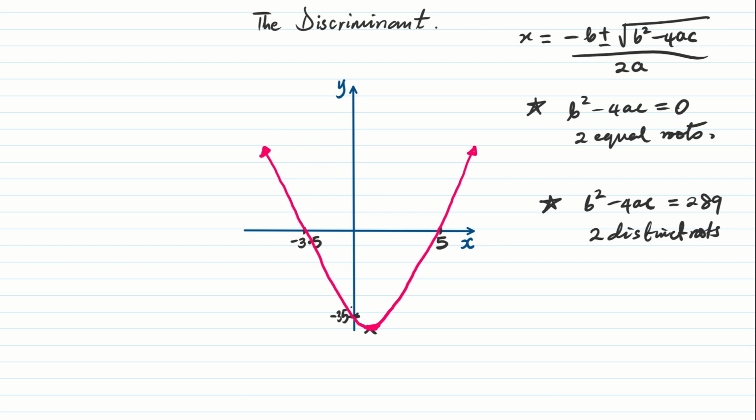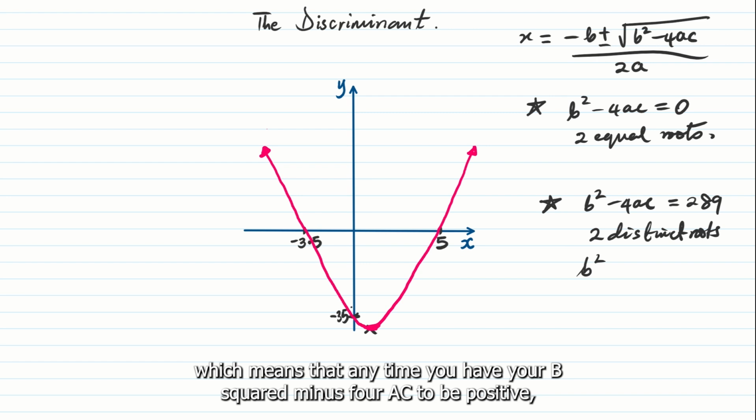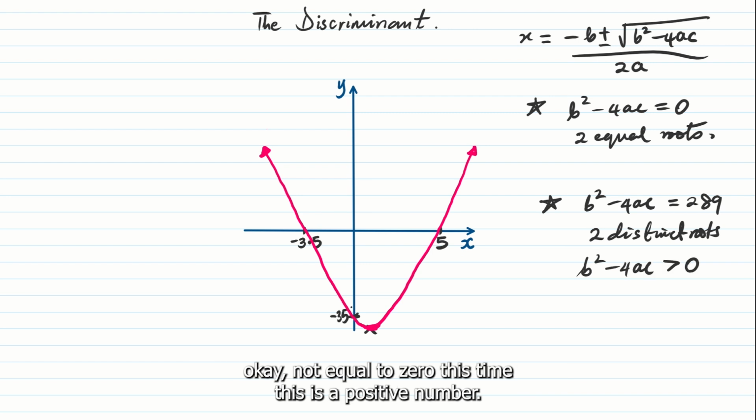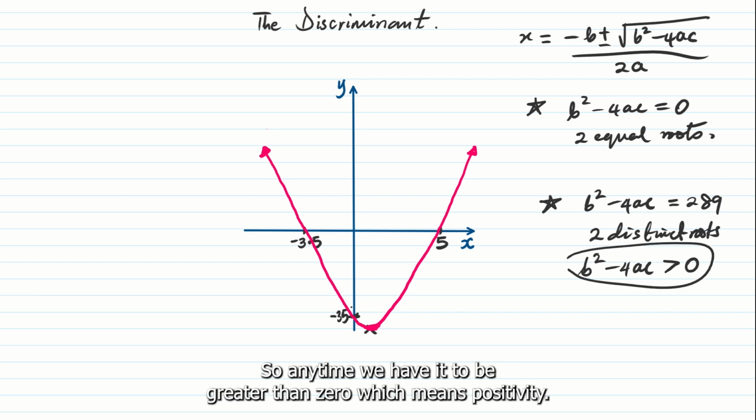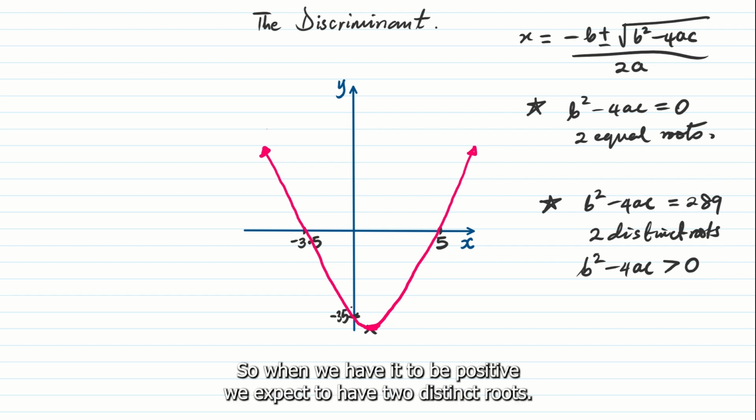And the two roots were, they're right here, 5 and negative 3.5, two distinct roots. Which means that anytime your b squared minus 4ac is positive, not equal to 0 this time, this is a positive number. So anytime it is greater than 0, which means positive, we expect to have two distinct roots.